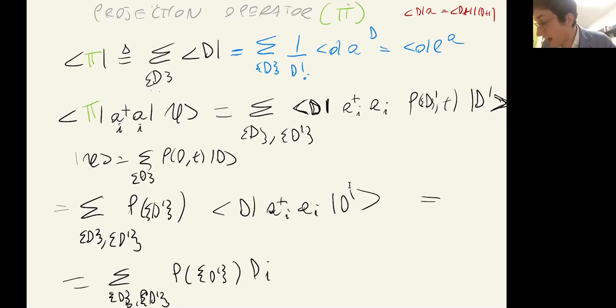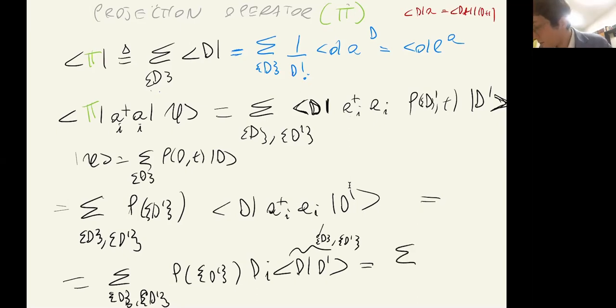So this will be d i over d prime. And if you remember, this was a delta of d prime, and so this will kill one of the sums. And so this will be the sum of d i p of d. And this is nothing but the average that we had before. So this is just the average number of bound enzymes at position i.